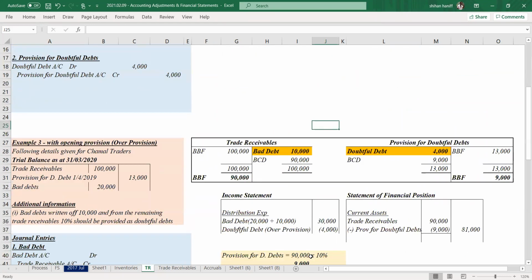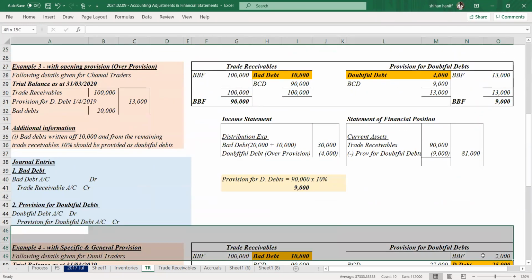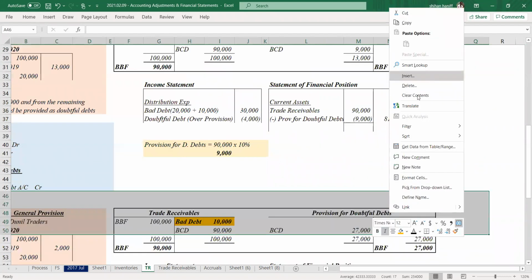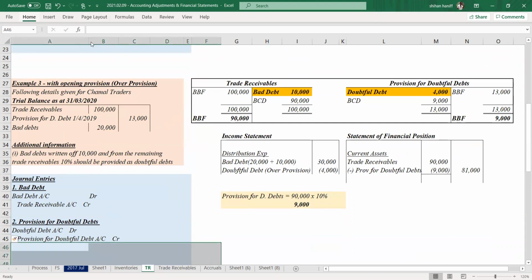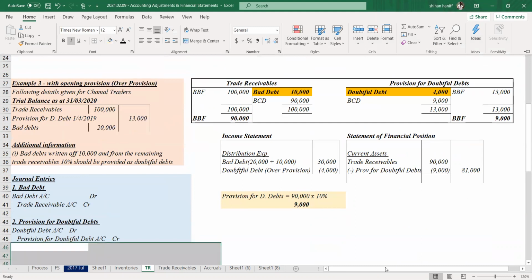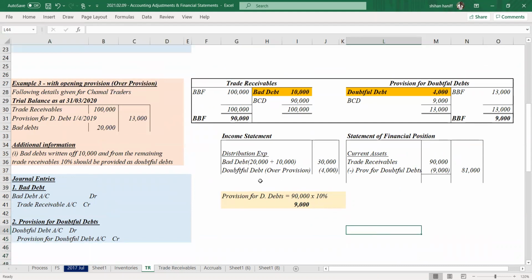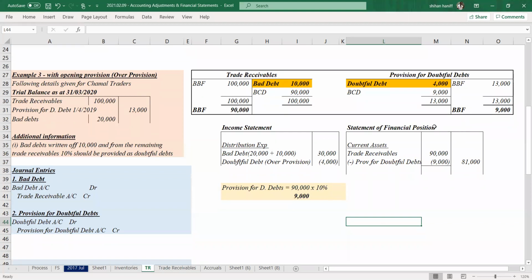In example three, we took over provision. Over provision.